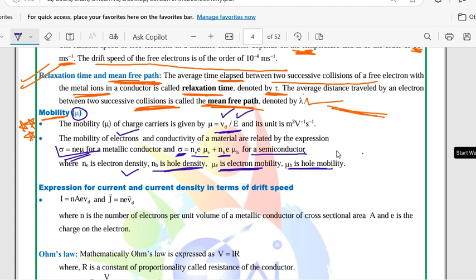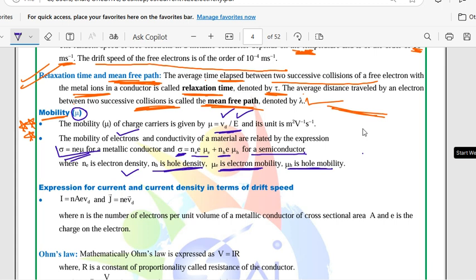This is all about the concept of mobility. It is the ratio of the drift velocity Vd of the current carrier in a material to the applied electric field E across the material, that is mu is equal to Vd divided by E. Where Vd is equal to, what is Vd?